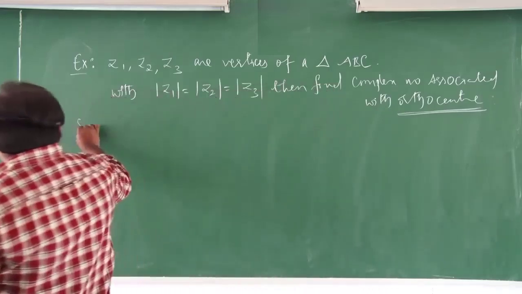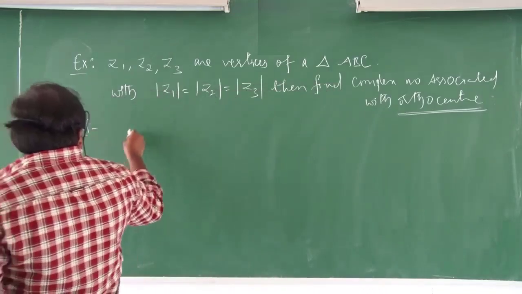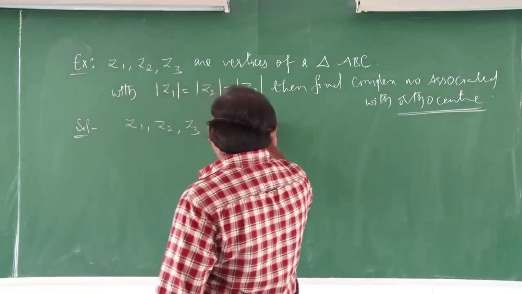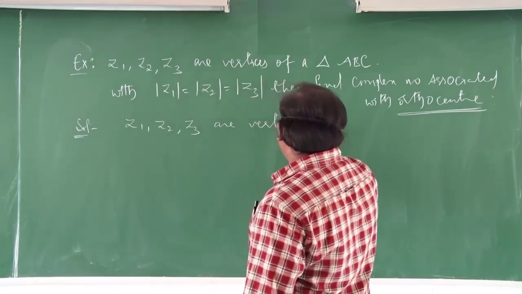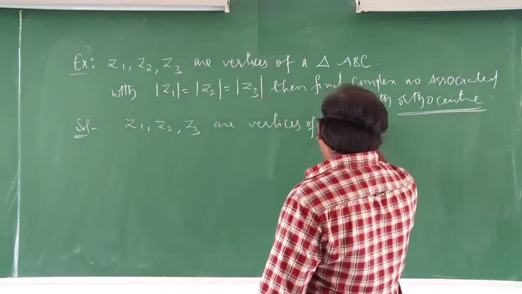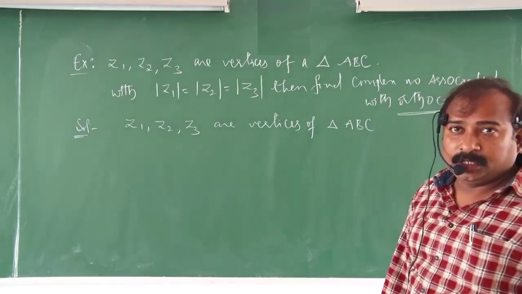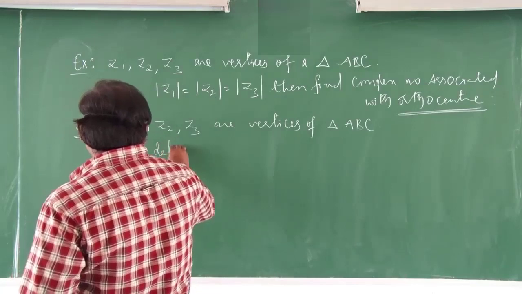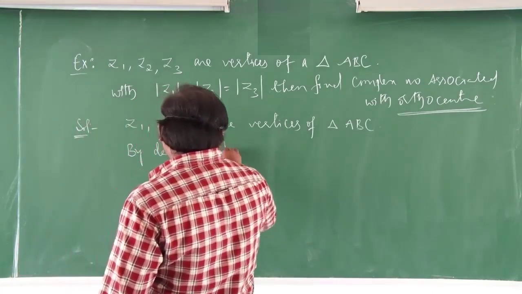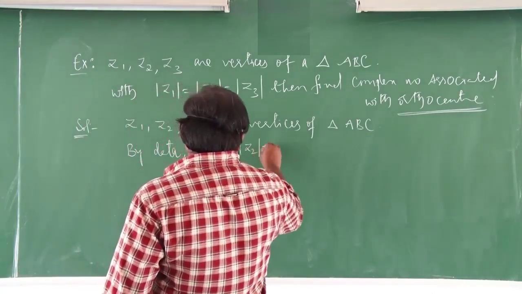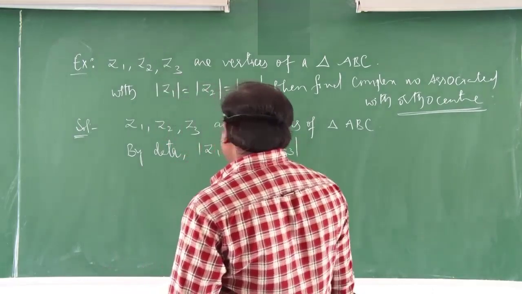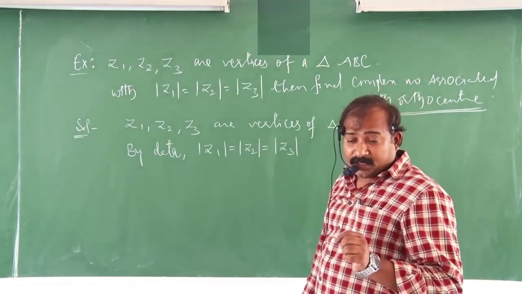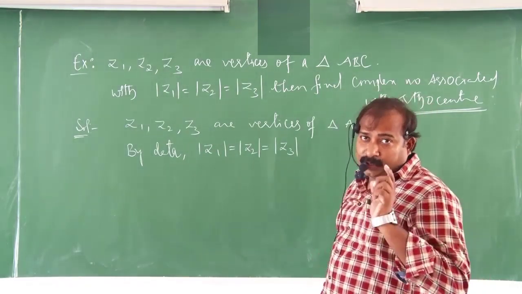Listen all of you. For this one, z1, z2, z3 are vertices of triangle ABC. These are the vertices already there. By data, modulus of z1 equals modulus of z2 equals modulus of z3. What does this mean? Modulus means the distance from the origin to that particular point.